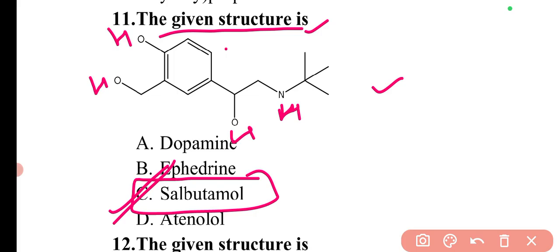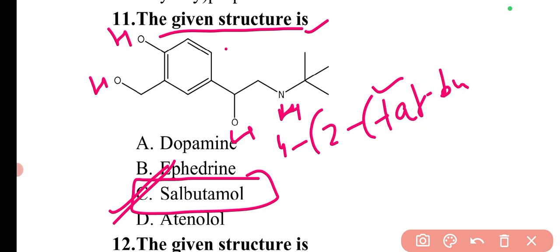For salbutamol, if we need to know the IUPAC name, the IUPAC name is 4-[2-(tert-butylamino)-1-hydroxyethyl]-2-(hydroxymethyl)phenol. This is a tert-butyl group, and there is an amino group, so it is tert-butylamino.